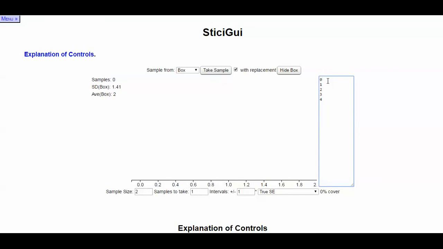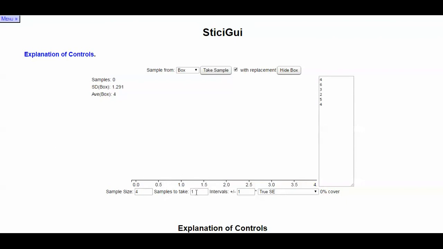This lets you enter in your own numbers, so you can make up your own population. So here I'll enter in some of my own numbers. Here I have a population of 6 people, and down here it lets me choose a sample size. Maybe I'll choose 4.